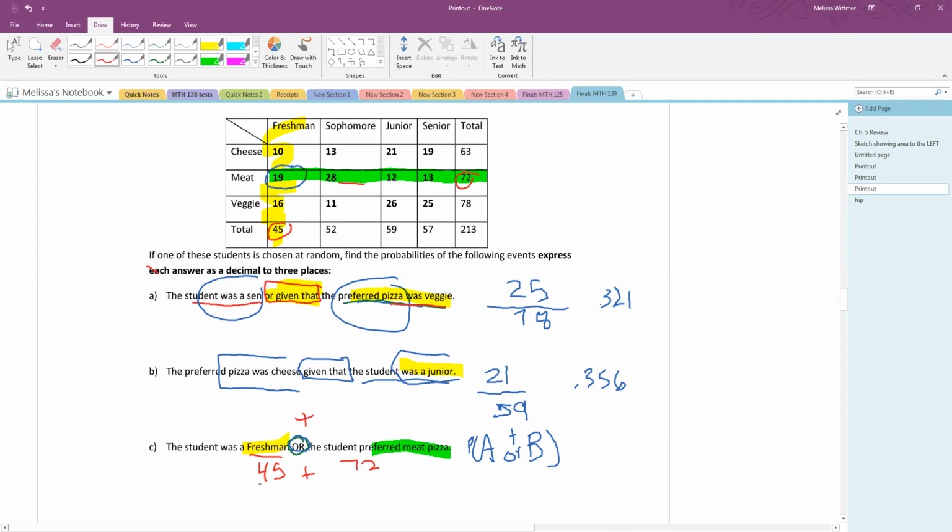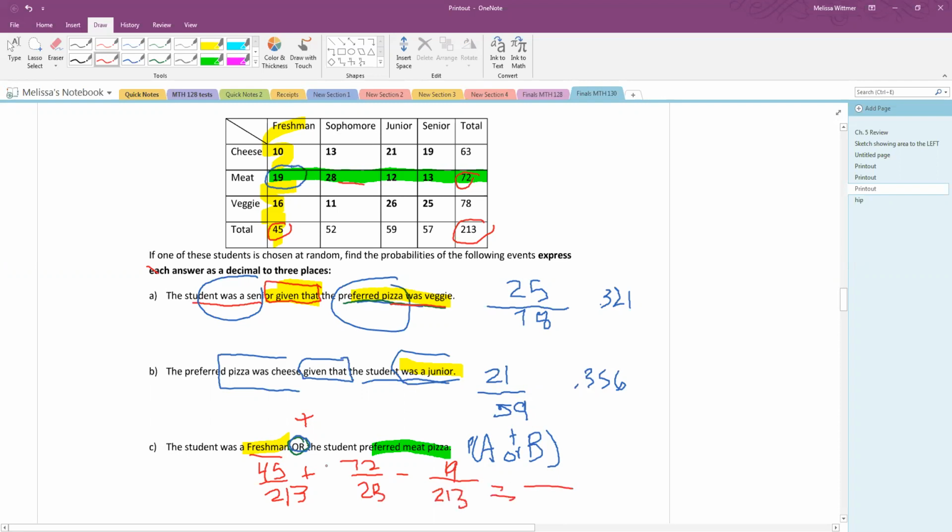Now these do have denominators. The common denominator for these is going to be the total of all the numbers, which is 213. So there's 45 freshmen out of 213 people. There's 72 who preferred meat pizza out of 213. So it's the same common denominator because you're adding. Now I do have to subtract 19 because that intersected the row and column, and I counted it in both of these totals.